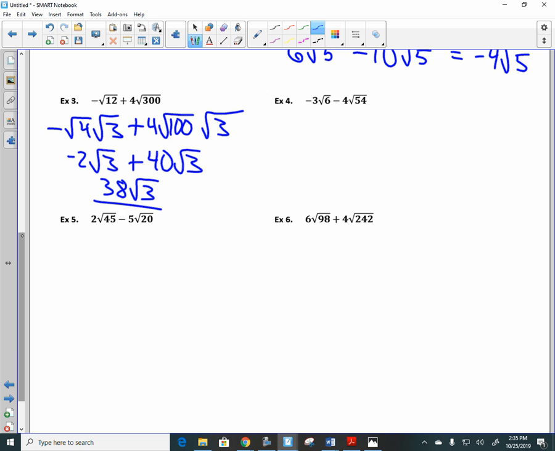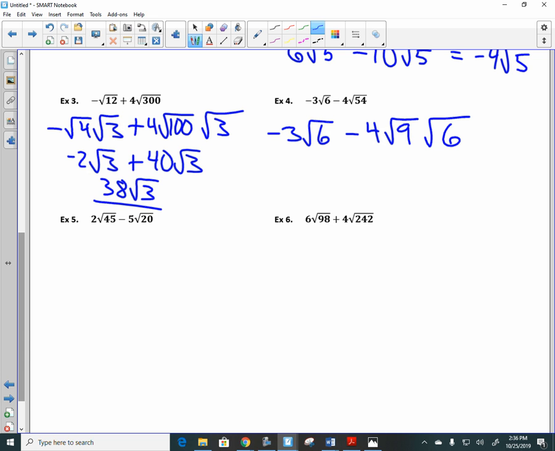Negative 3 roots of 6. Can I simplify the root of 6? No, it's done. There's nothing I can do with it. Just leave it. So many times people see it, they're like, well, I'll change it to square root of 3 and square root of 2. No, just leave it. Minus 4 times square root of 54. What divides evenly into 54? The perfect square, 9 and 6.